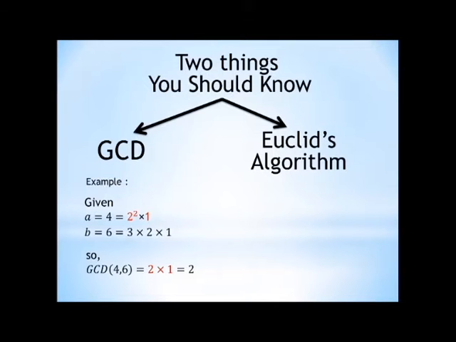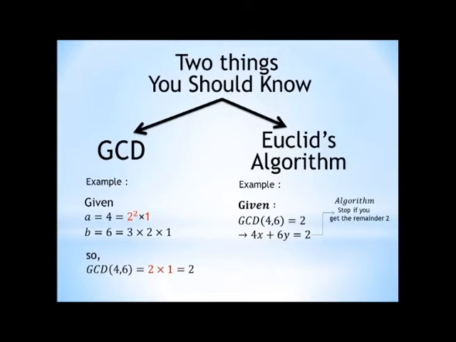Now, let's see the example of the Euclidean algorithm. Given the GCD of 4 and 6 is 2, by the definition of Euclid, it can be written as a linear equation, 4x plus 6y equals 2. Then we do the algorithm of divisibility.